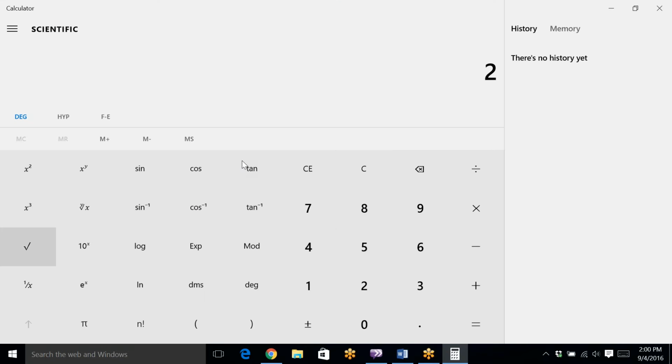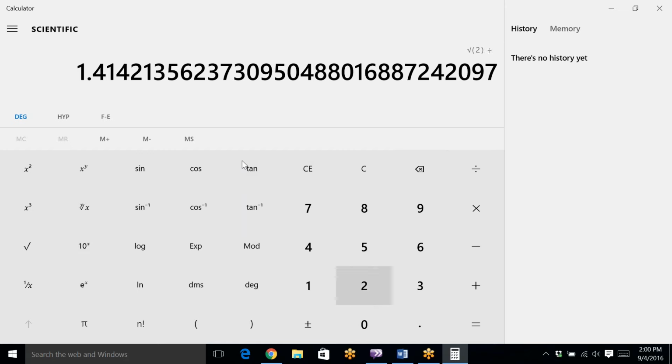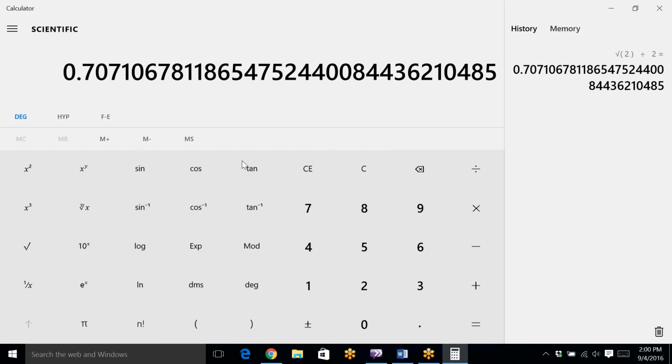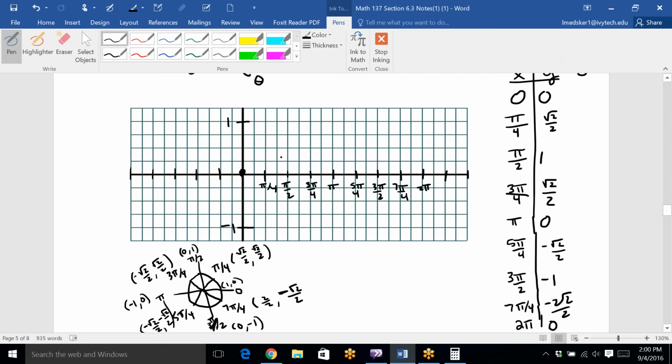Take 2, take a square root, and then divide by 2. That gives you about 0.7. So if you think of this as 1/4, 1/2, 3/4, and 3/4 is 75%, you're a little bit lower than that. Make sure that point sticks. And then pi over 2 is at 1.